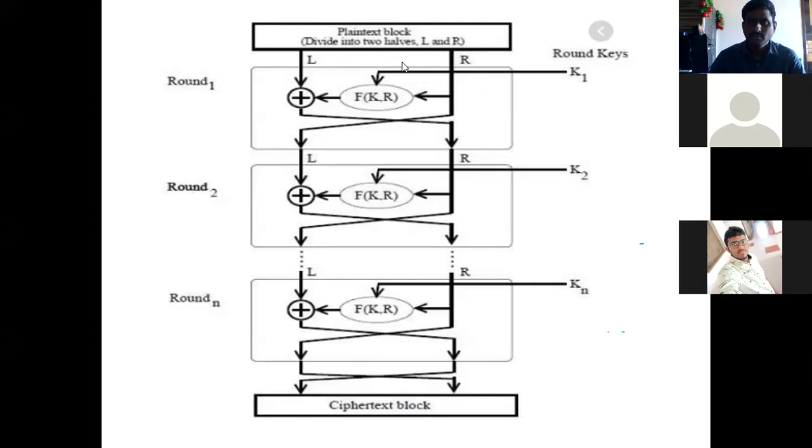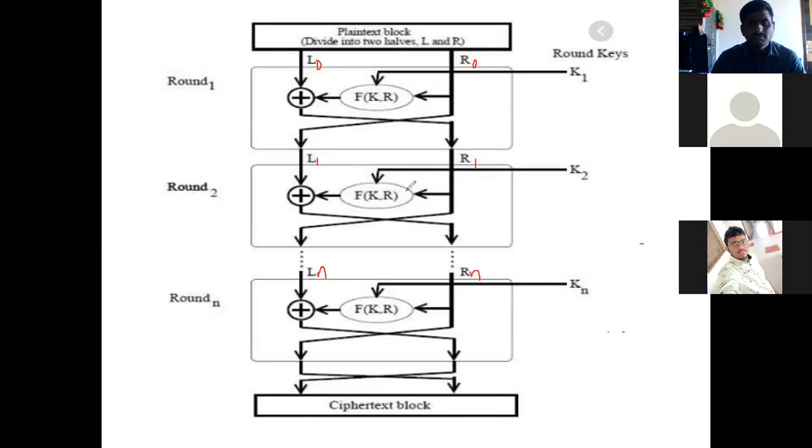We take the plaintext, and it is divided into two halves called L and R. For our understanding, we can write it as L0, R0 in the first round, then L1, R1, and so on up to Ln, Rn. So here we have a number of rounds in the structure.